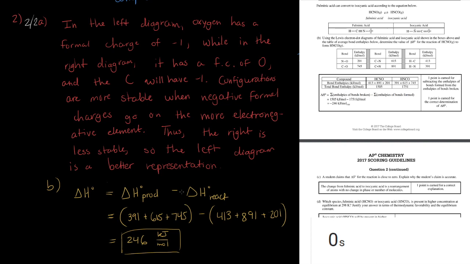Because a broken bond corresponds to energy that is required to be put in, and a positive H means you need energy put in. So I should have taken the enthalpy of the reactants minus the enthalpy of the products. That is an inexcusable error, and it loses me the first point. And 1 point is earned for the correct determination of the change. It also loses me the second point, because it's an incorrect determination. I have it backwards.